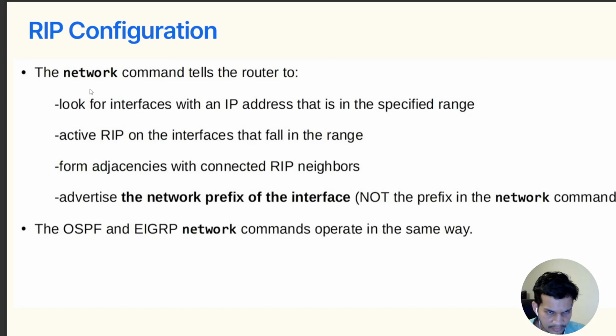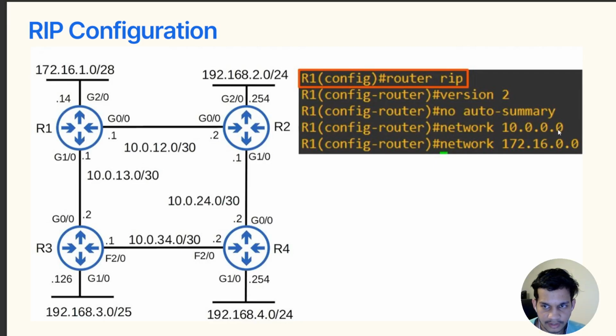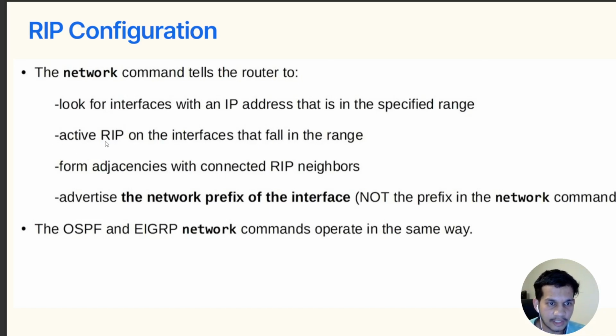So what is the network command? The network command tells the router to look for interfaces with an IP address that is in the specified range. Like 10.0.0.0, these two addresses belong in this range. So it activates RIP on the interfaces that fall in this range and forms adjacencies with the connecting RIP routers.